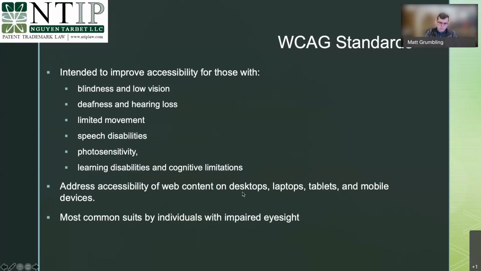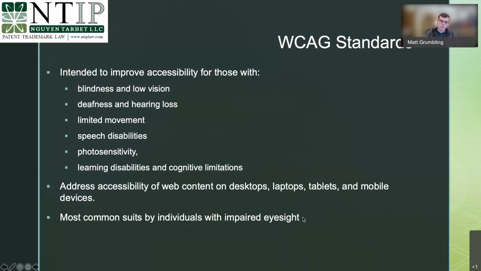So I would say that most of the suits so far that I've seen have been filed by people with impaired eyesight, and that shouldn't be too surprising, given that the internet historically has been such a vision-driven type of medium.